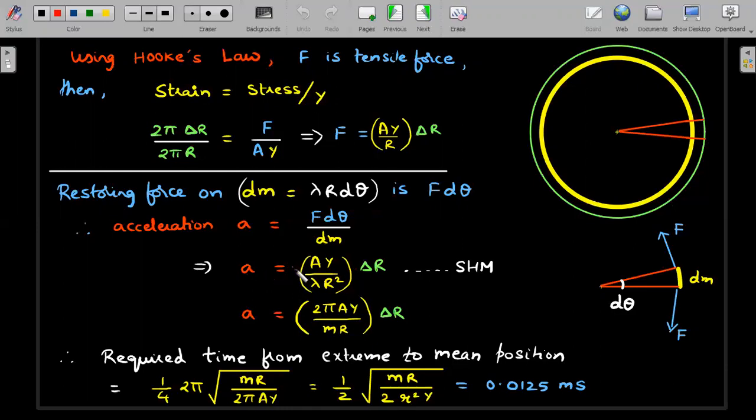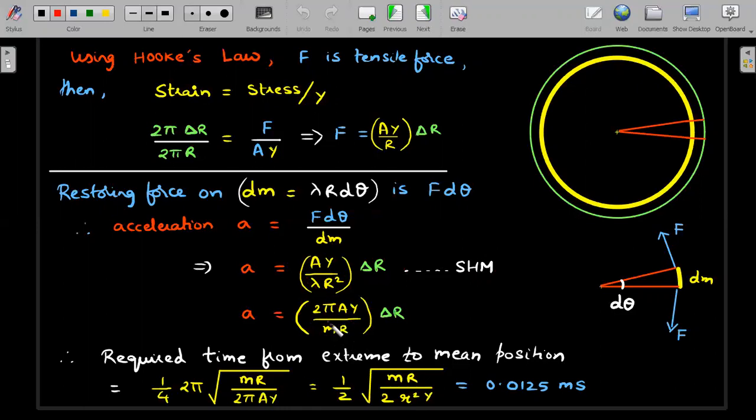When acceleration is a negative constant times the displacement of the particle from its mean or equilibrium position, you can associate it with simple harmonic motion, with this coefficient being omega square, the angular frequency squared. Also, lambda, if I substitute as mass divided by 2 pi r, you end up getting it in terms of the given quantities: mass, area of cross section, Young's modulus, and original radius.